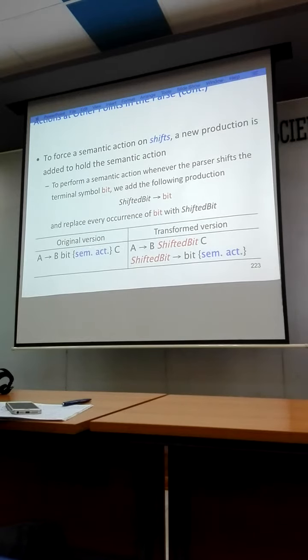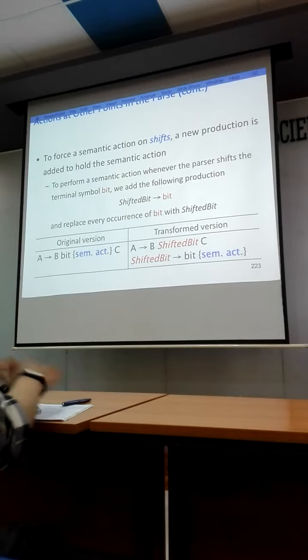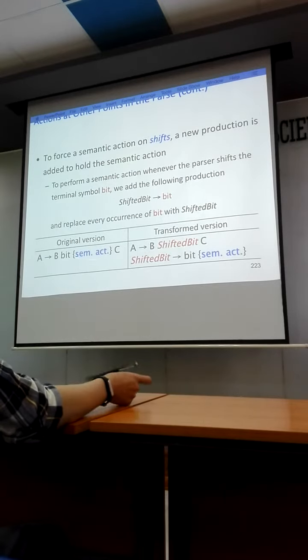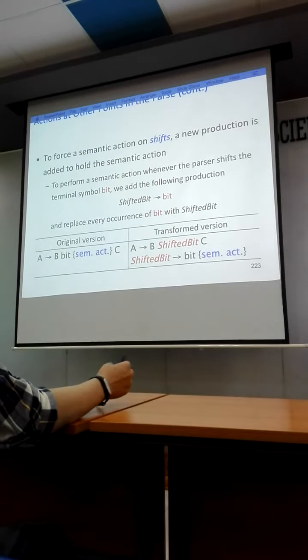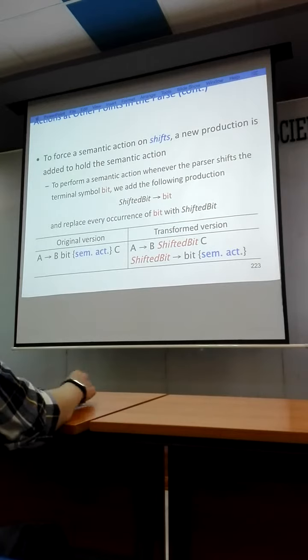And the solution is what? First of all, we create the new production. We replace the occurrence of bit by this new non-terminal symbol. And then we move the semantic action to the right hand of the new production.